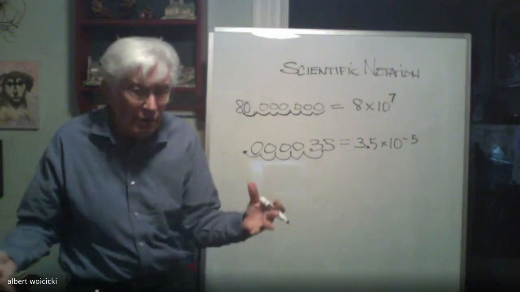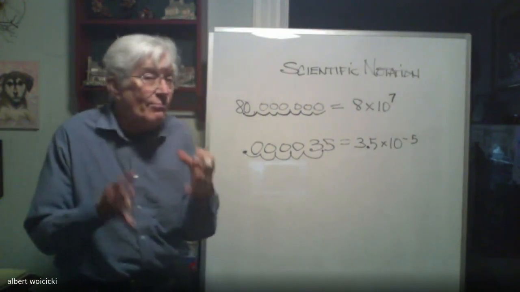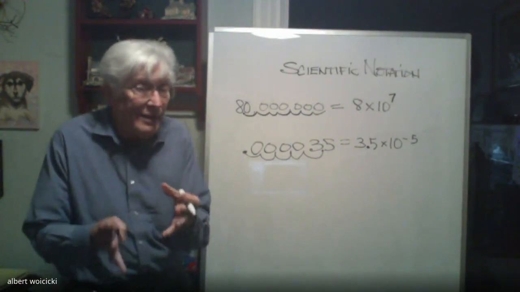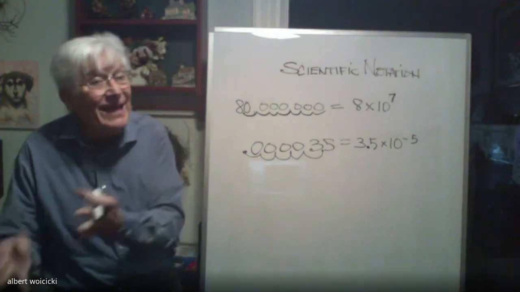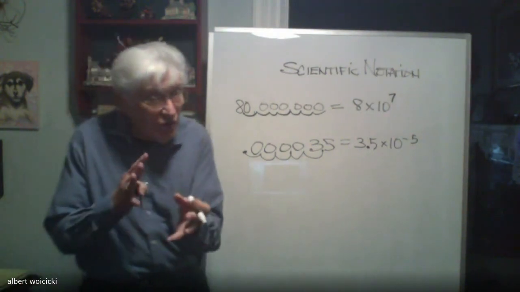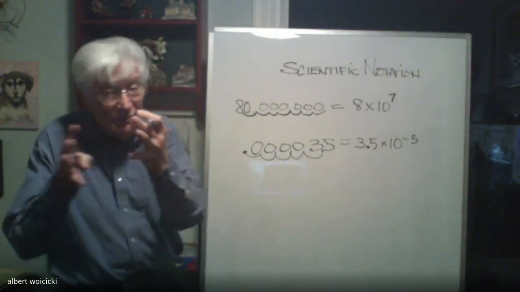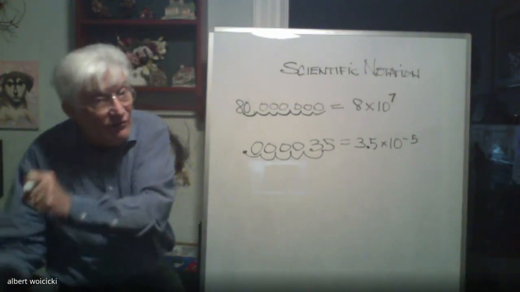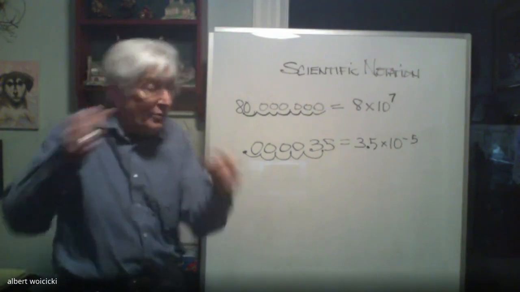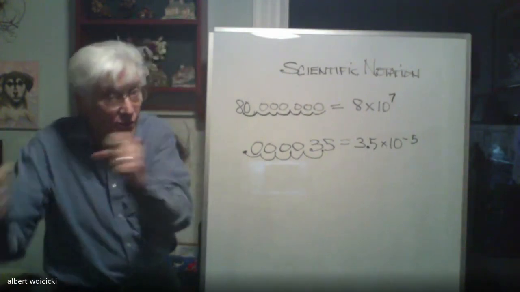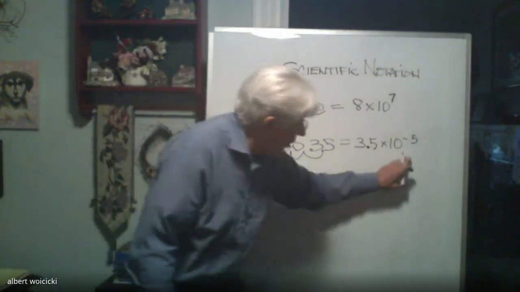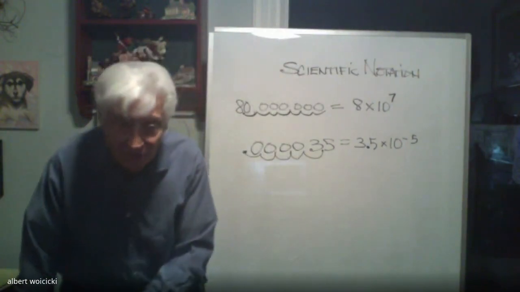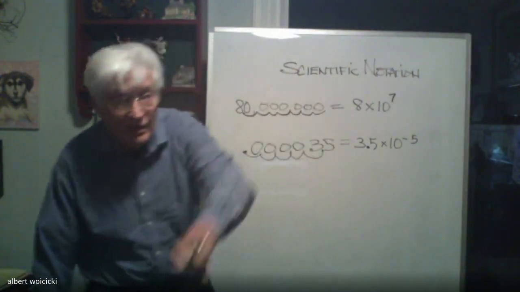But now I've taken a very small number, 35 millionths, and I've made it into 3 and 5/10, which is much, much bigger. So I have to multiply that by 10 to a negative amount, which, as we've learned with exponents, means it's dividing by. So we're dividing by instead of multiplying by. This is 1 over 10 to the positive 5th.